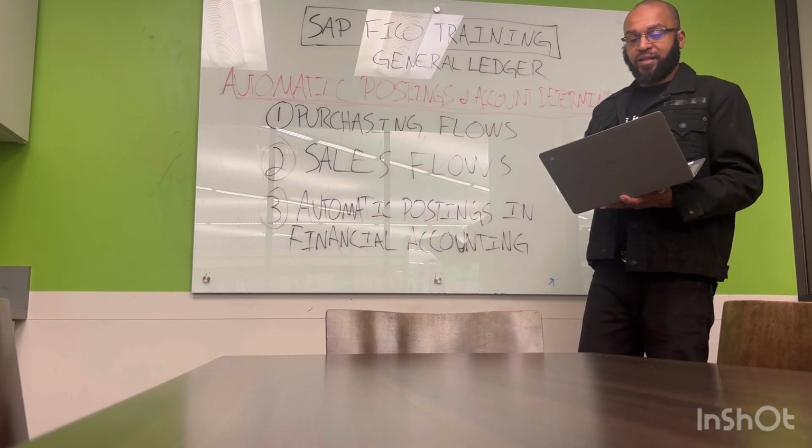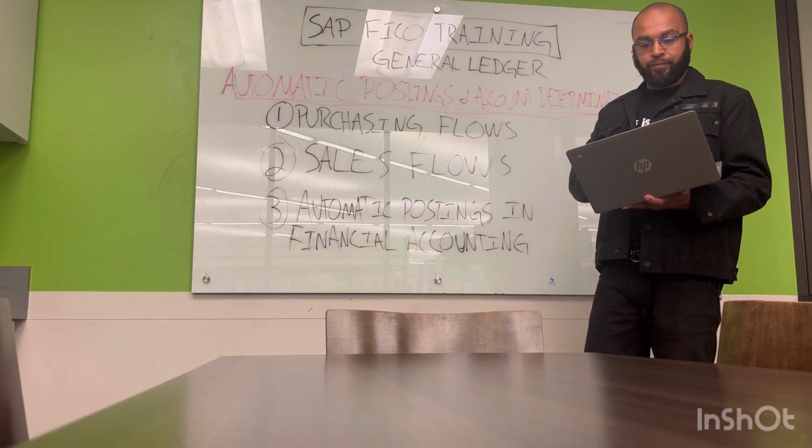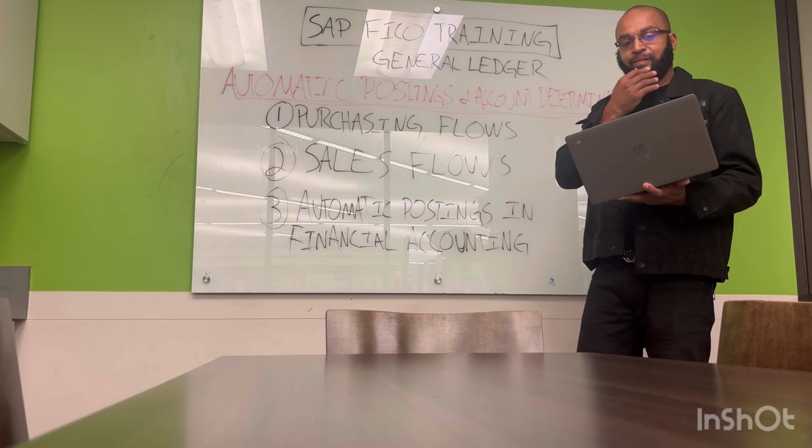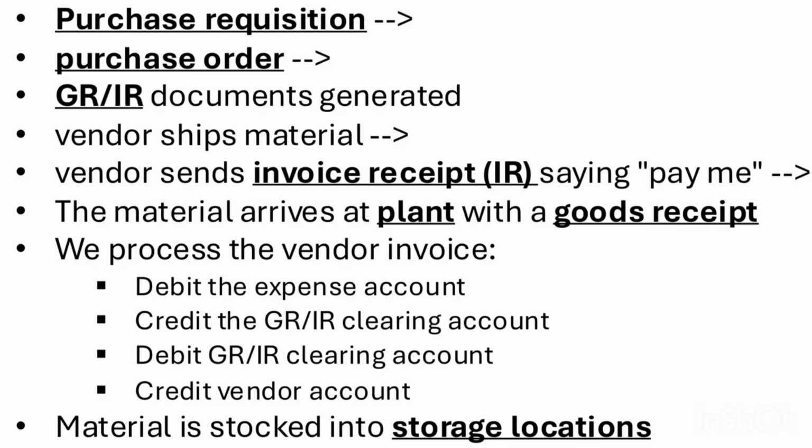I want to break this down a bit more, if you don't mind. I want to show you the document flow a little bit closer up. As you already saw in the last photo, it starts with the purchase requisition.